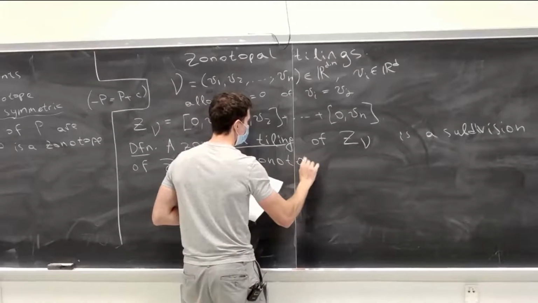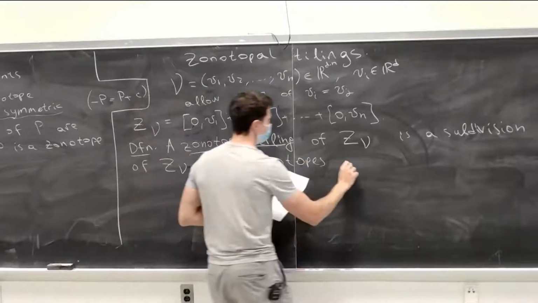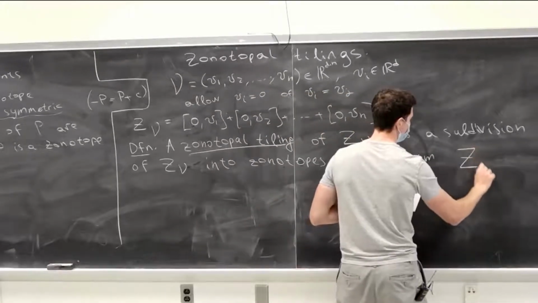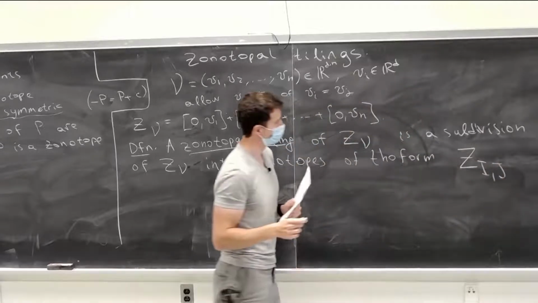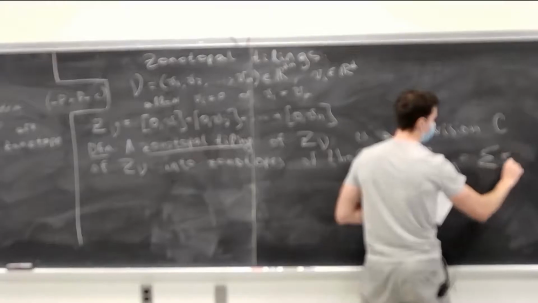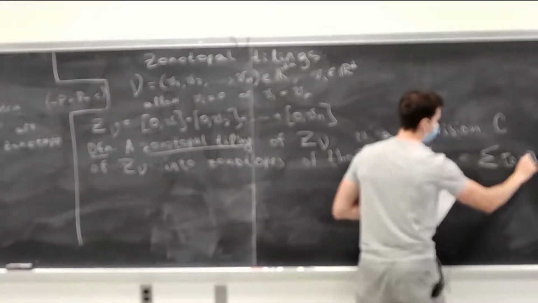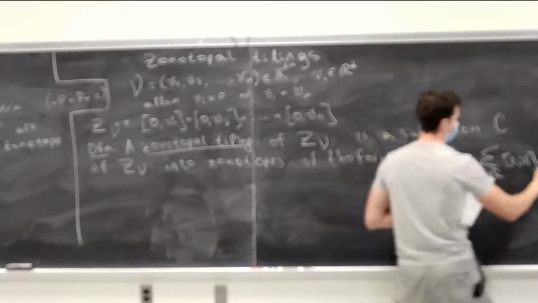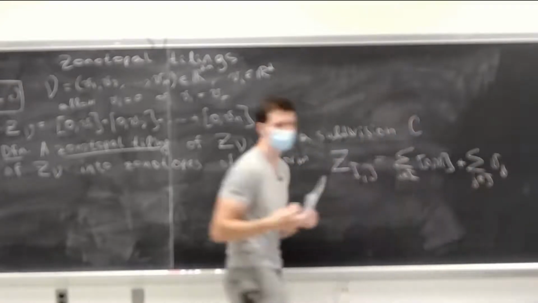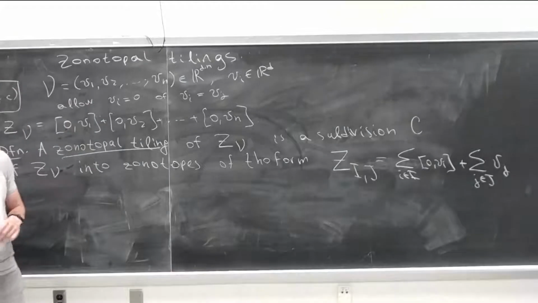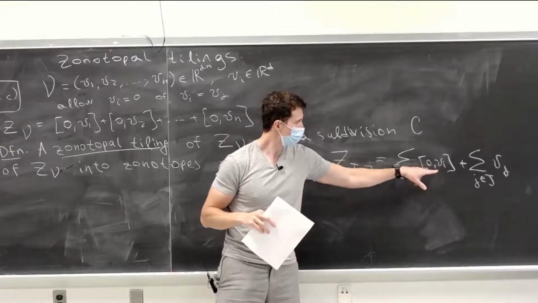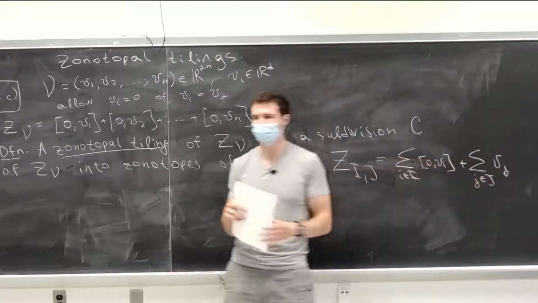And these zonotopes have to be of the form, let me denote as Z_{I,J}. What Z_{I,J} is, is you take the sum of the line segments from 0 to vi for all i in I, and you add vj for all j in J. So I only want to take zonotopes which use some of my line segments plus some of the endpoints.